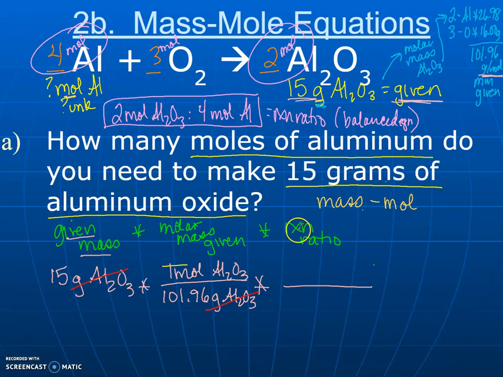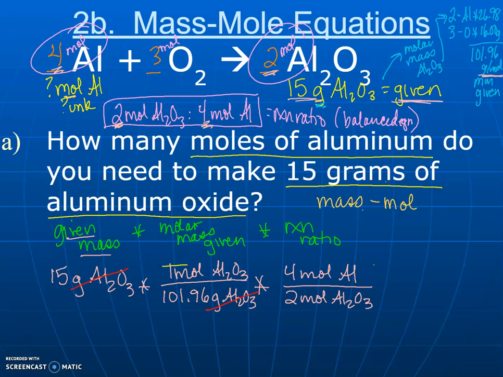Now I can use my reaction ratio. My reaction ratio is 2 moles of Al2O3 for every 4 moles of aluminum. I get them from my balanced equation. Since Al2O3 is on top here, I put 2 moles Al2O3 on the bottom and 4 moles Al up top.